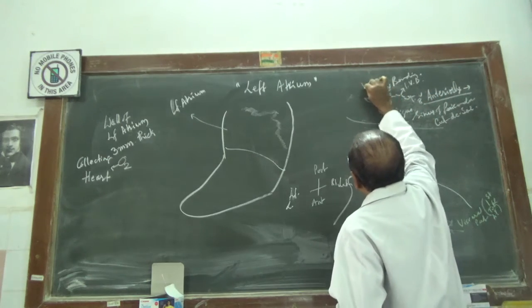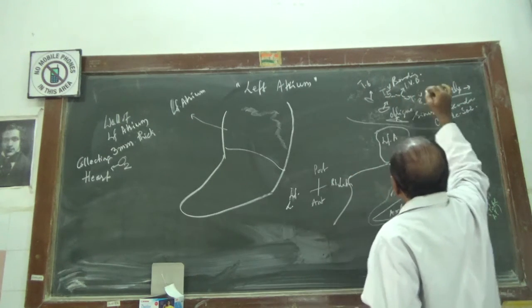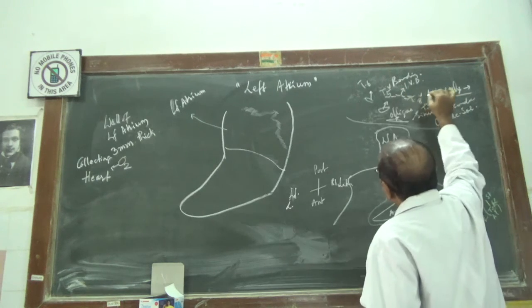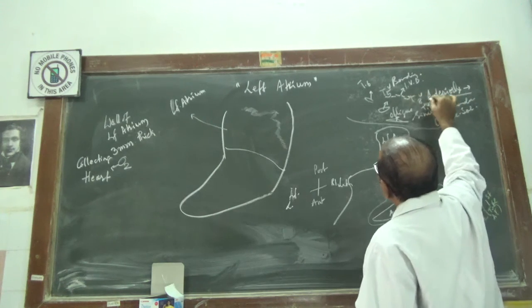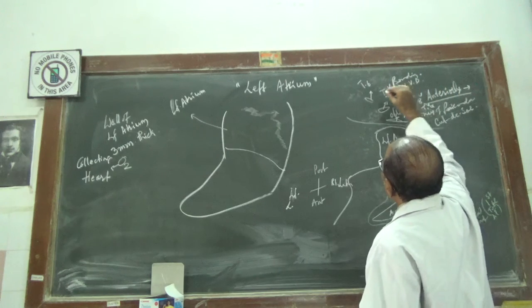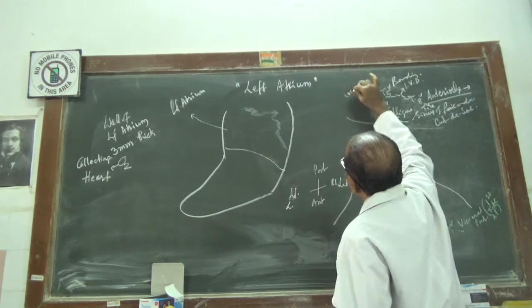Then the sixth to the ninth thoracic vertebrae, and the intervertebral discs in between them.